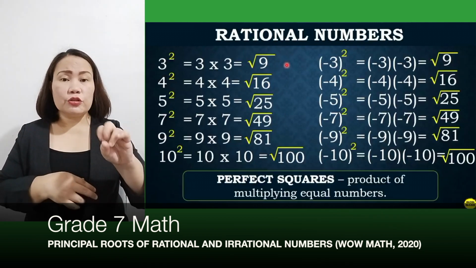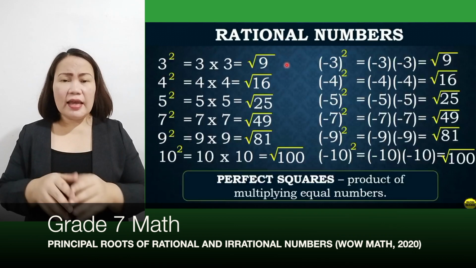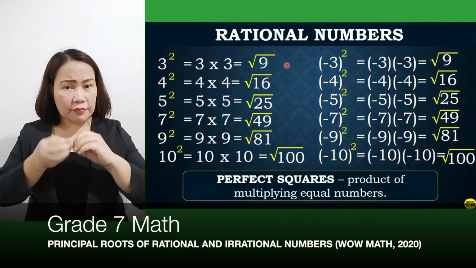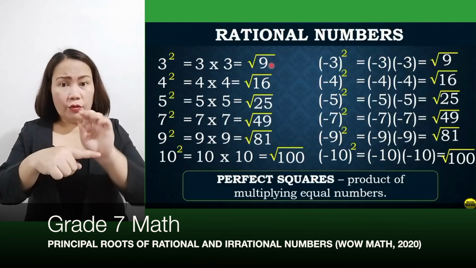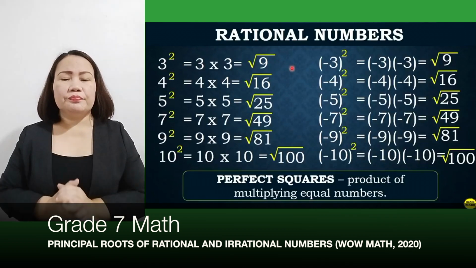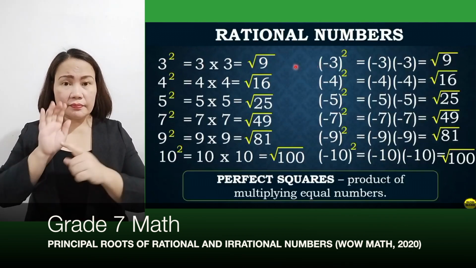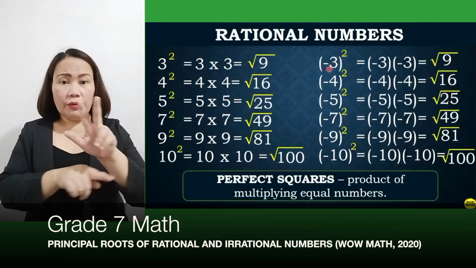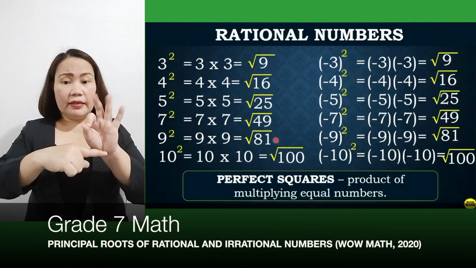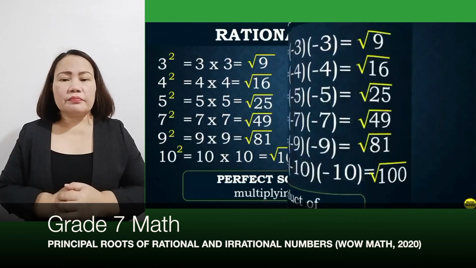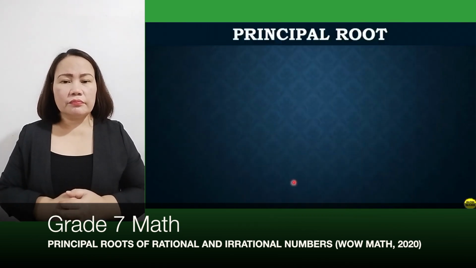Ano ba ibig sabihin ng rational number? It can be expressed in the form of a over b. So, kapag kinuha nga natin yung square root ng 9, ang lalabas ay positive 3 and negative 3, pwede mo siya i-express as 3 over 1 or negative 3 over 1. So, rational number ang square root ng perfect squares. Okay, so let's have principal root.